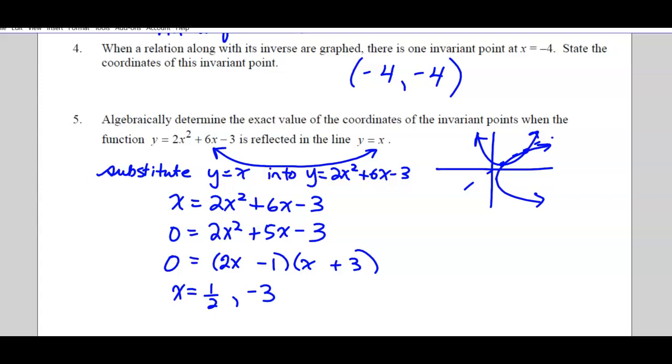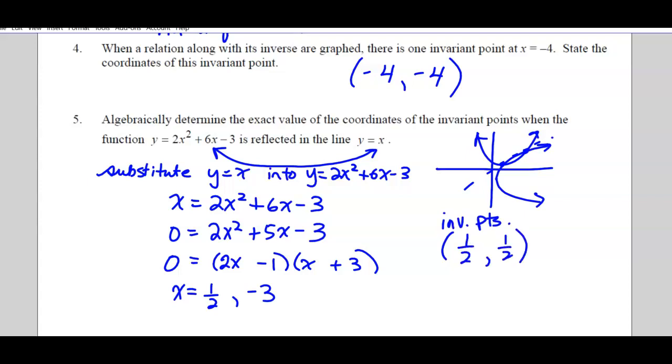Okay? You're not done. Right, Victor, why am I not done? Coordinates, right. Those are x values. That is not a point, okay? And if there are invariant points after an inverse, the coordinates have to be the same. So invariant points will be 1/2, 1/2.